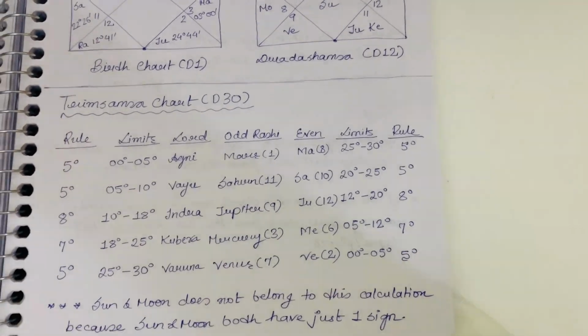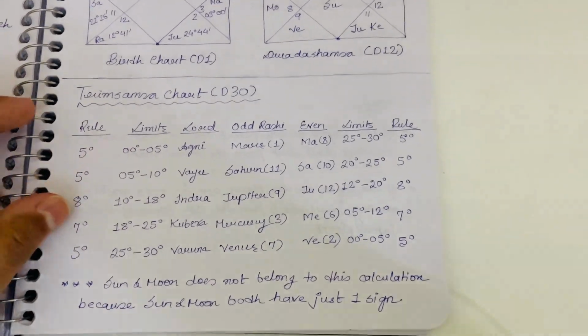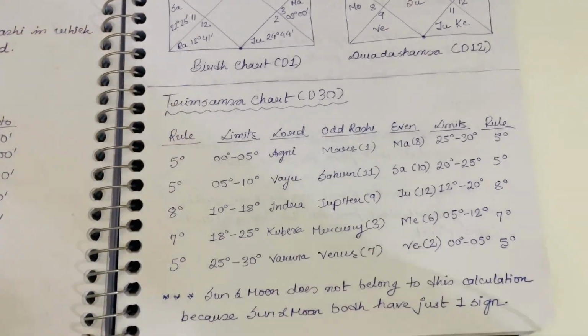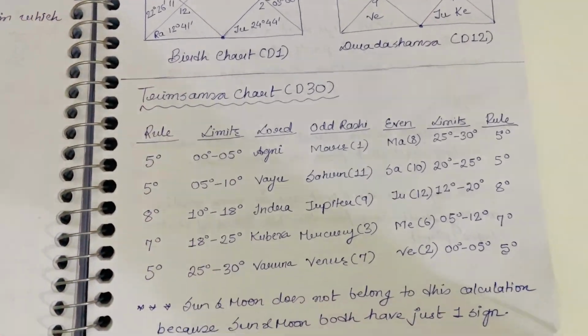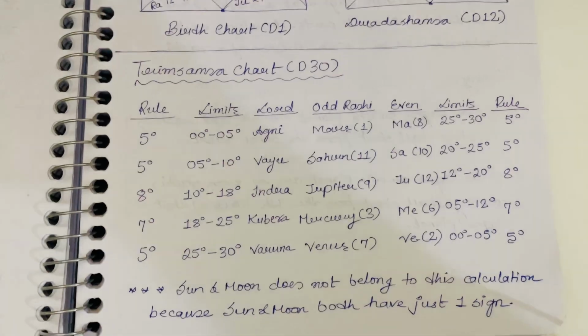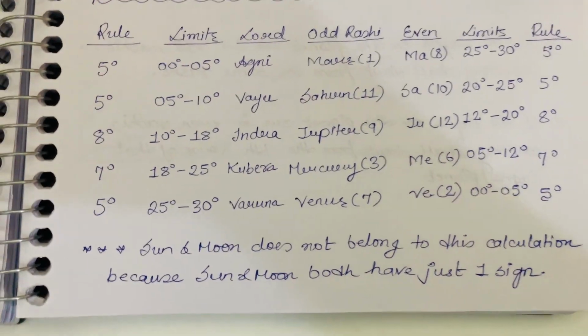Then you go ahead and create the Trimsamsa chart. It is going to take time, but if you follow a particular process, you will be very proficient after a particular point of time.